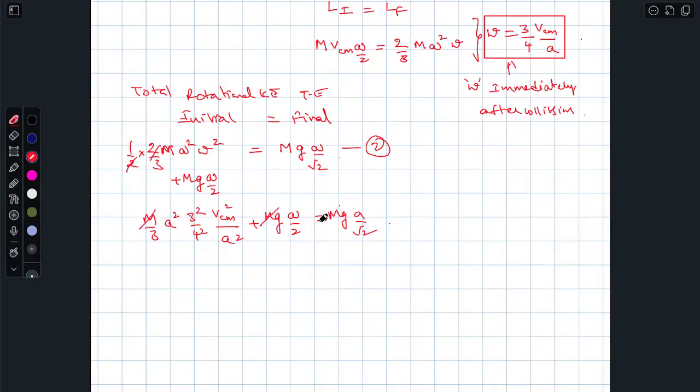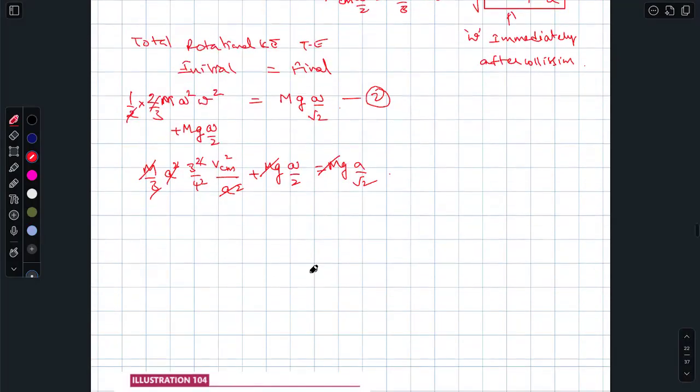M cancel, M cancel, M cancel. A square cancel. 3, 3 cancel. So finally, VCM square is 16 by 3 times G times A by root 2 minus A by 2.